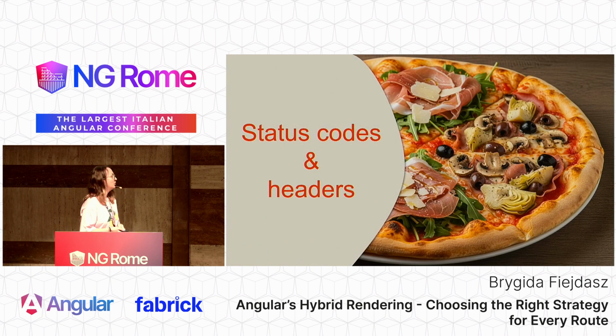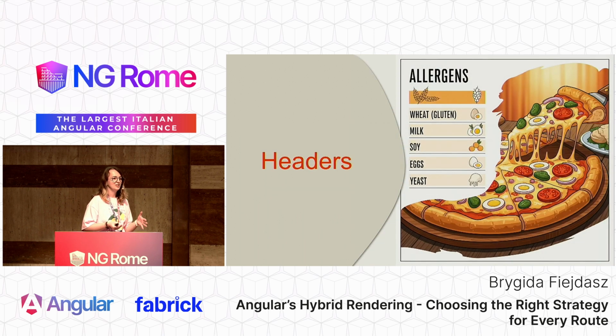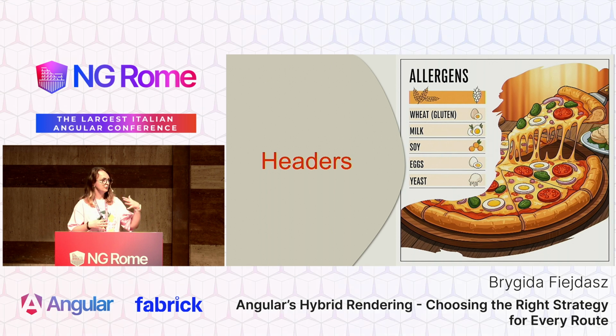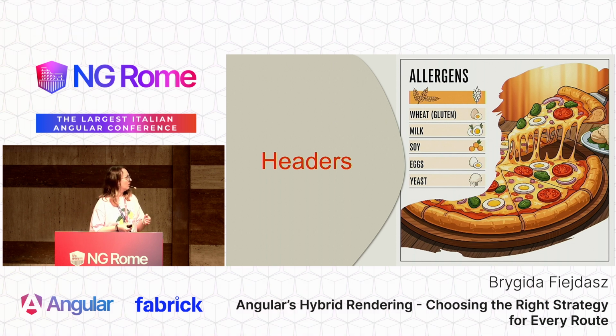We can also define status codes and headers for our response from the server. So let's start with headers and think about it like additional information that we deliver to our browsers. So it's like an allergen list, which mostly all pizzas have, and they are delivered with the pizza box.